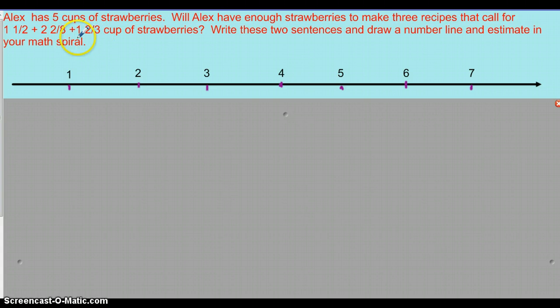So I already have 1 cup, and so I'm going to say this one is 2 cups. Whoops, I said there's already 2 here. So 2 2/8. Oh, right. Have you got it figured out?